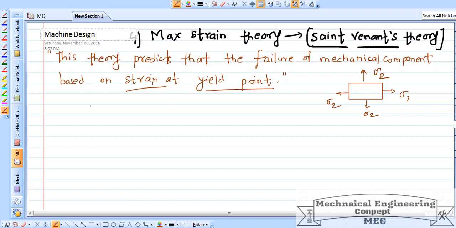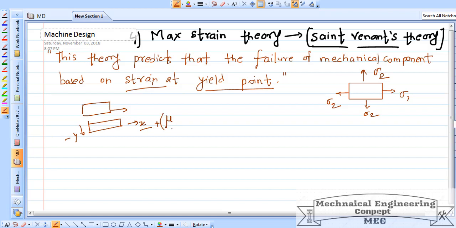If we pull the component in the x axis, it will elongate in the x axis and contract in the y axis. It means positive deformation in the x axis and negative deformation in the y axis. In that condition we use the Poisson ratio or Poisson effect, which we already discussed in strength of materials.